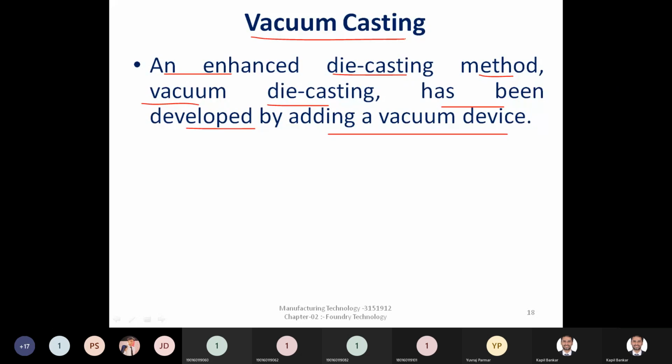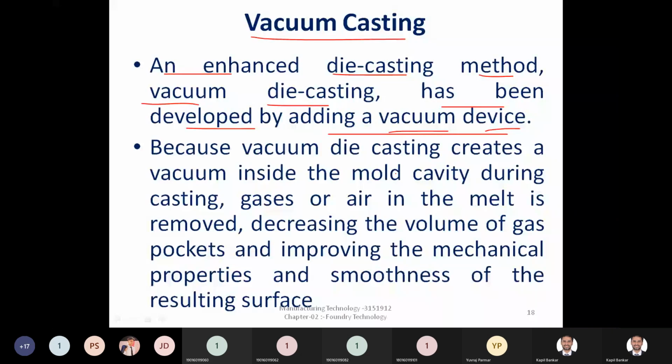Okay, so it is just an enhanced die casting method, or a modified method of die casting, by adding some vacuum device. With the help of this vacuum device, you can create a vacuum inside the mold. Vacuum die casting creates a vacuum inside the mold cavity during the casting.